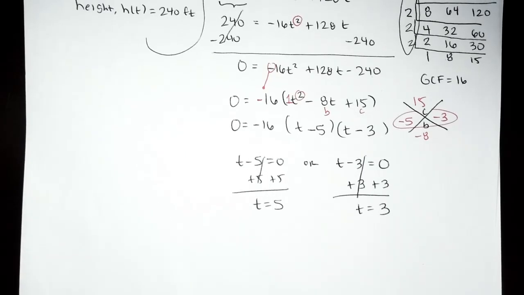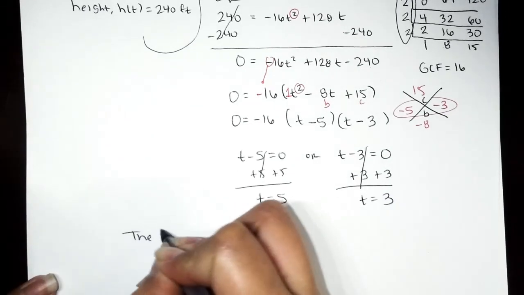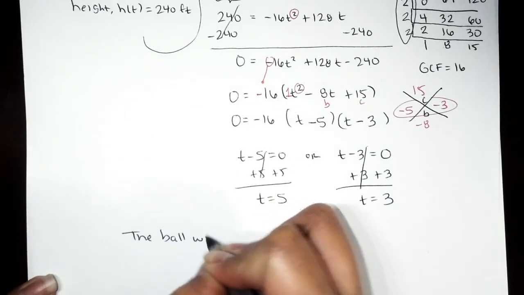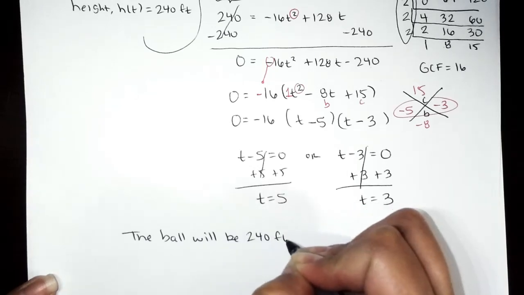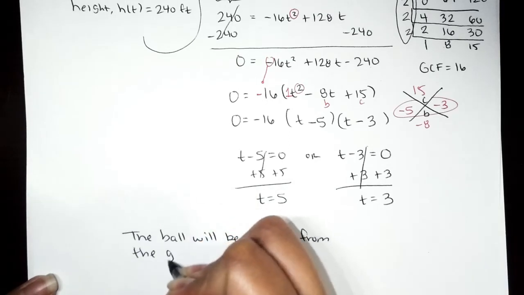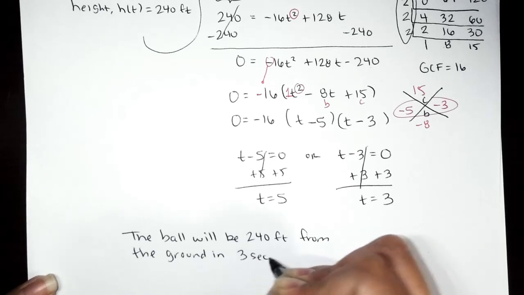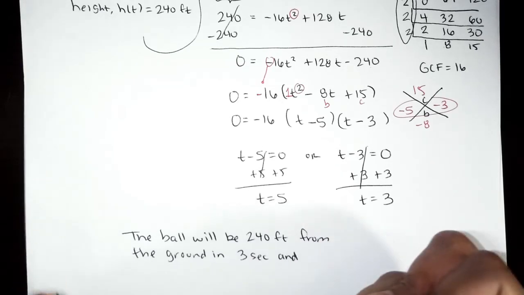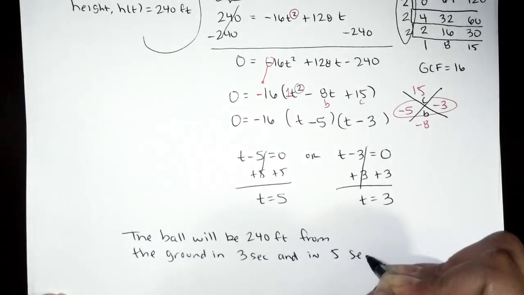The question reads, at what times will the ball be 240 feet from the ground? This is how I'm going to phrase it. The ball will be 240 feet from the ground in 3 seconds and in 5 seconds.